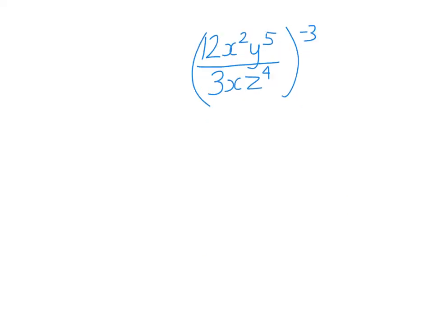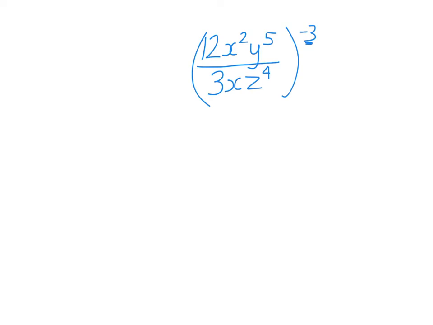So let's do one more example where we have to use quite a few index laws. Let's look at this example here. Now, we do have to use quite a few index laws to simplify this. However, it's actually not that complicated. Before we raise it to this power, we're going to start by making the stuff inside the brackets a little easier to work with. So we'll start with the numbers. Remember I said if you have numbers and pronumerals, do the numbers separately.